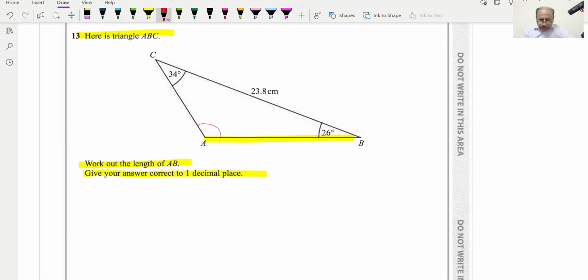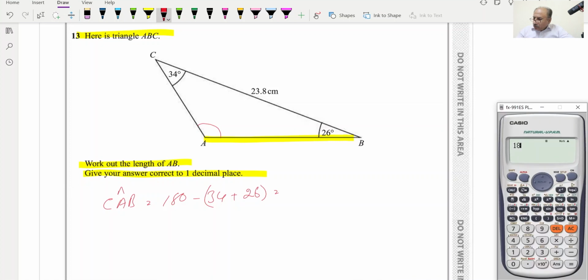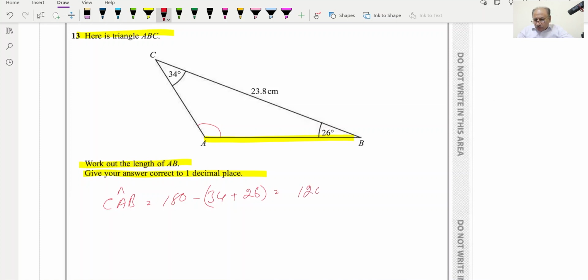So we can write angle CAB is equal to 180 minus (34 plus 26), and this is equal to 120. So we got this angle which is 120.